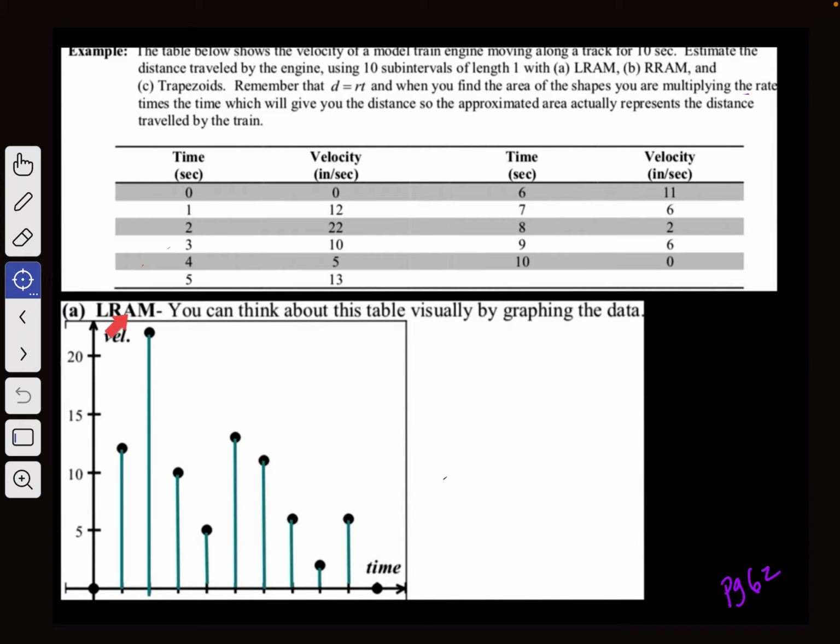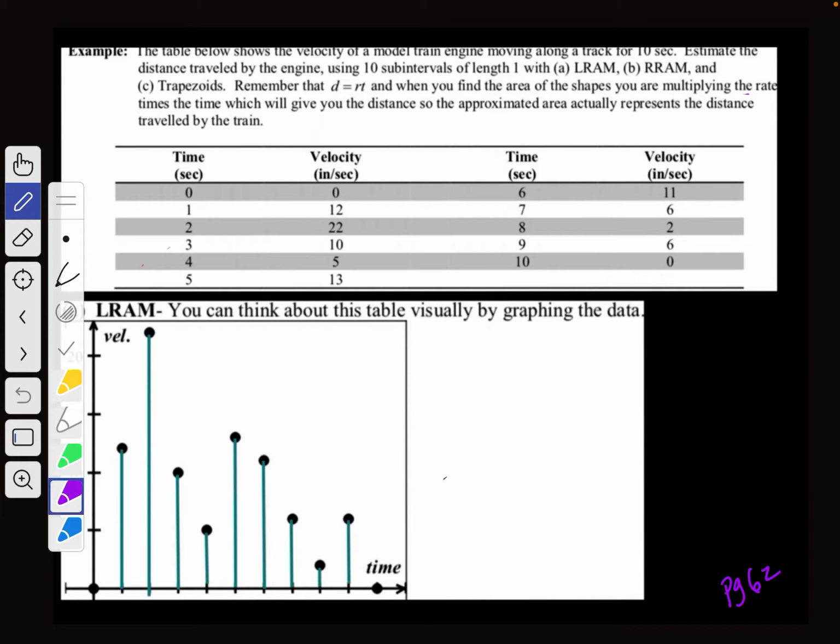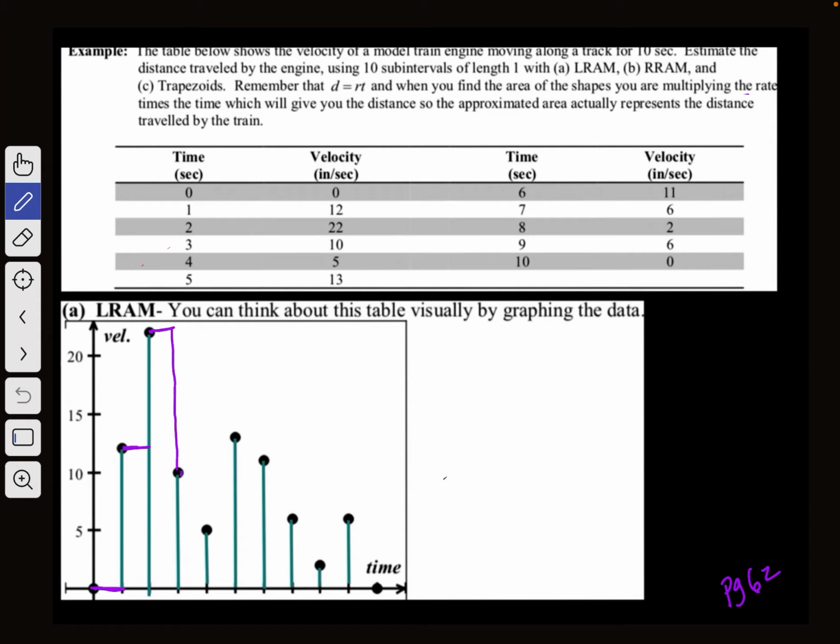Now, LRAM is where our rectangle is going to hit at the leftmost corner. So this first rectangle is going to have a height of 0. Our second rectangle will have a height of 12. Our third rectangle is going to have a height of 22. Our fourth rectangle, 10.